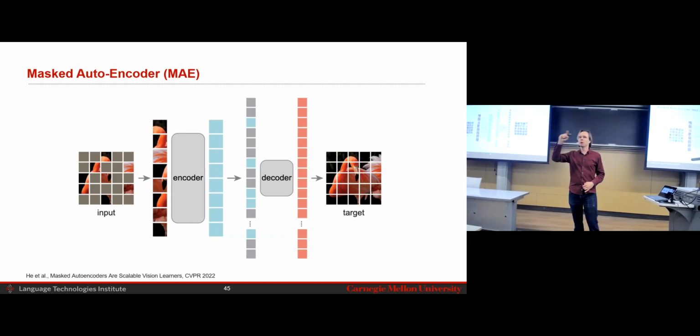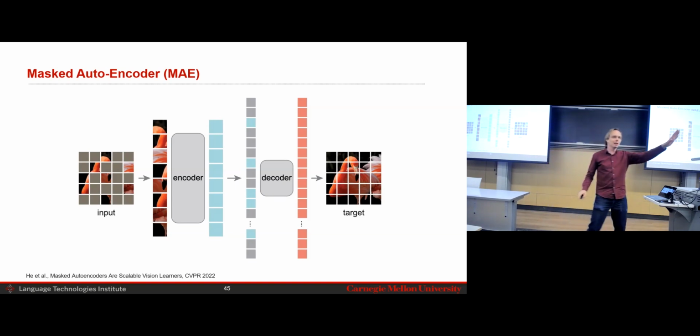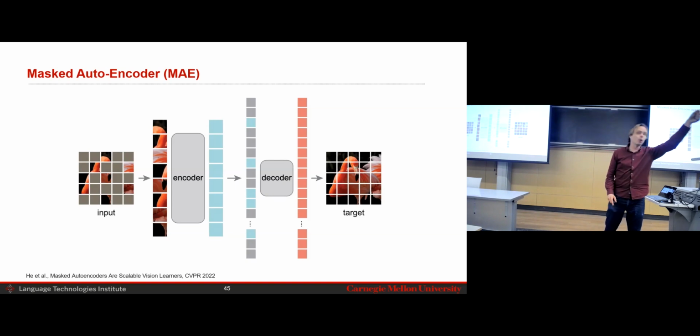It tries to regenerate the image. I'm going to tell you in a second how it's done. But at the high level, the previous ones, CNNs included, were all trained to be really good at predicting a class label. That's what they were originally trained on, ImageNet and all this.